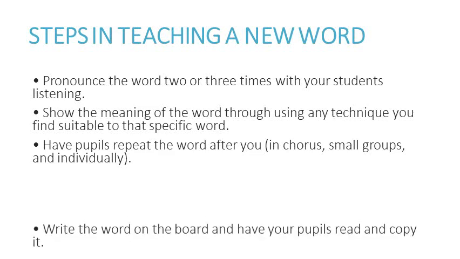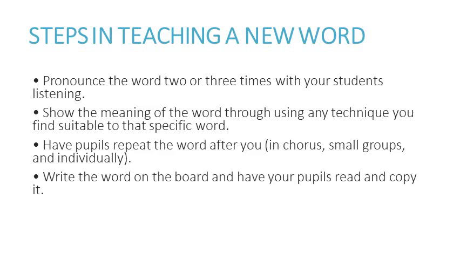So these are the steps. Write the word on the board and have pupils read and copy it and know how to spell it as well. So spelling of a word is very important. Ask questions to check for comprehension.